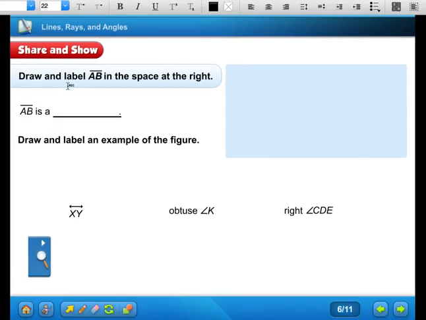Do you remember? If you said line segment, you are correct. Nice job. So that one is a line segment. Remember, this right here is just a piece of that line, a line segment.